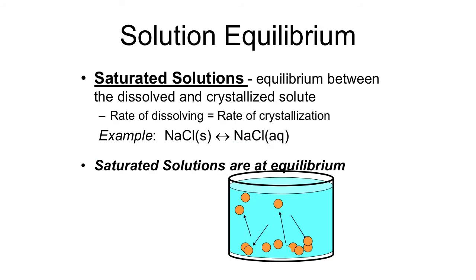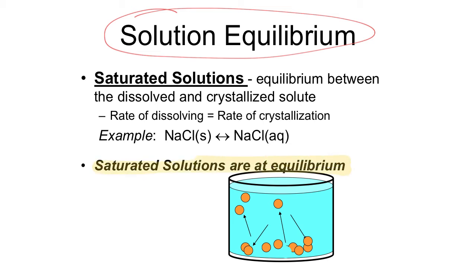All right, our next type of equilibrium is solution equilibrium. So by definition, saturated solutions are at equilibrium. So if you remember from when we talked about solutions, if a solution is saturated, it contains the maximum amount of solute dissolved.